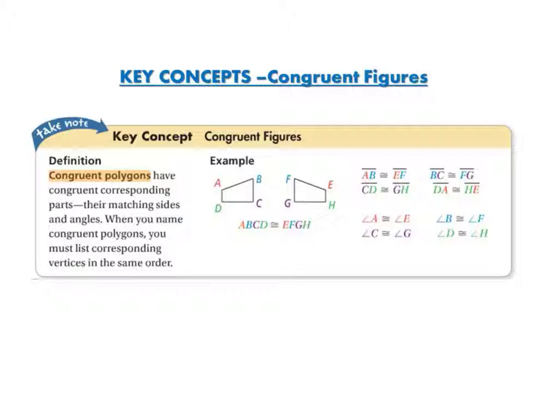So we're going from here, the short end, up, down, and back to the short end. Over here, we're going from the short end up, down, and back to the short end. So now we can say that polygon ABCD is congruent to polygon EFGH. The letters are in the correct order.